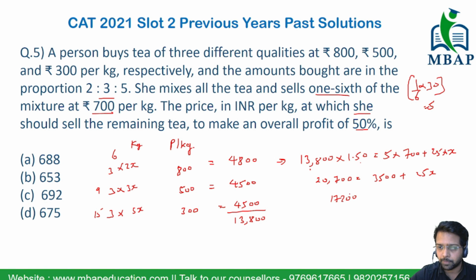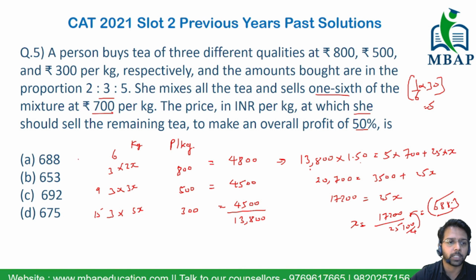So 17,200 should be equal to 25x, and the value of x is 17200 divided by 25. If you solve this, the value is 688.4, but the closest answer that you can mark for the given question would be option A. This was not a difficult question to solve in the actual exam either.